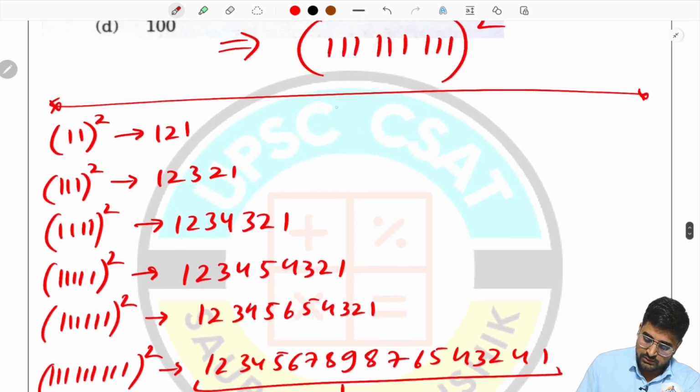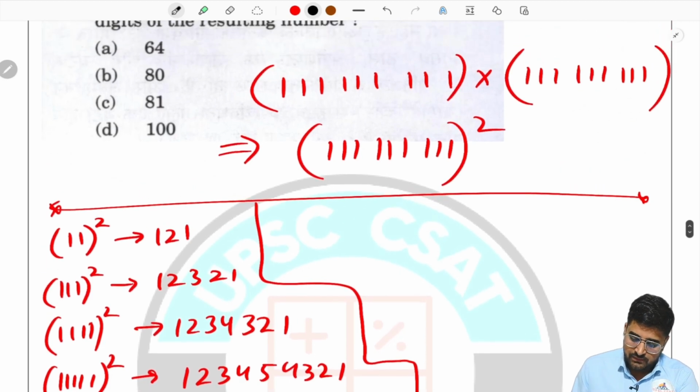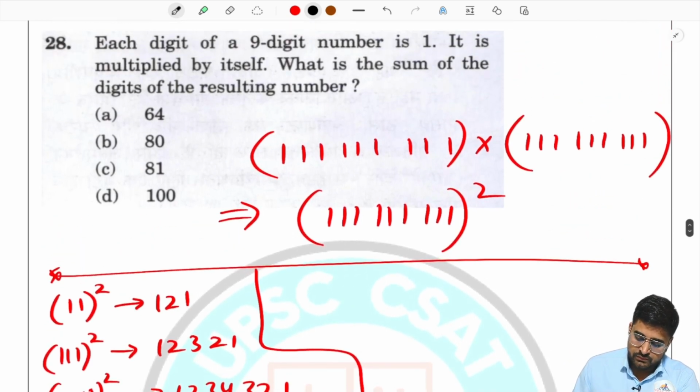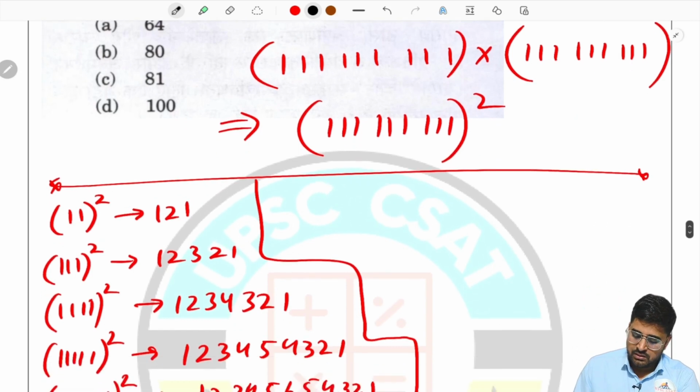If you do not know this, there is a good concept, basically a divisibility rule we have studied in our previous lecture, where we discussed that if they are asking for a sum or anything like this, try to divide with 9. Let us check whether this number is divisible by 9 or not.